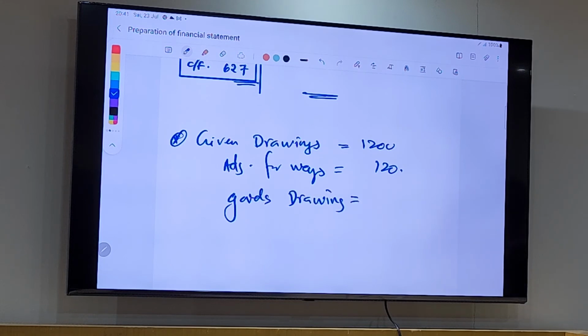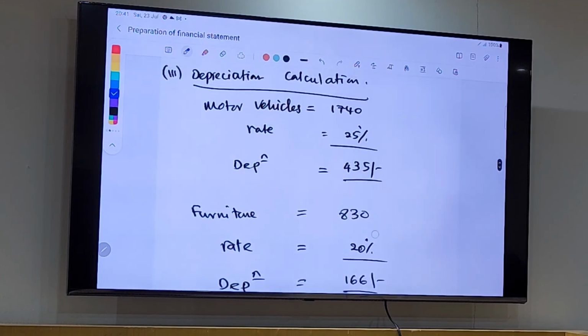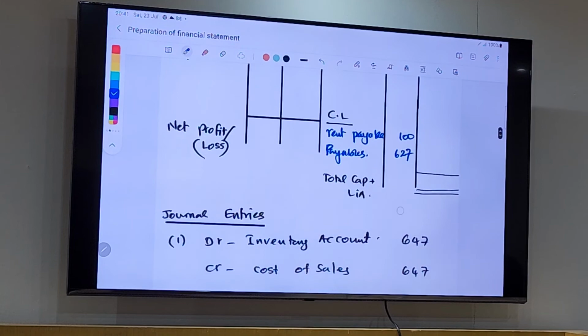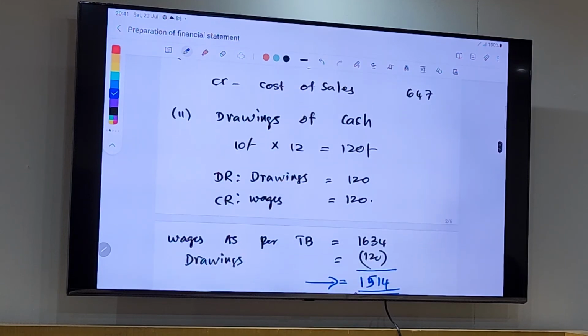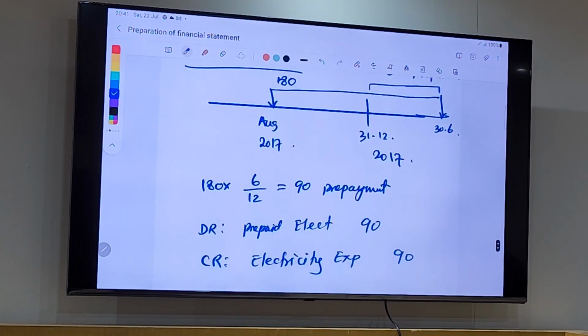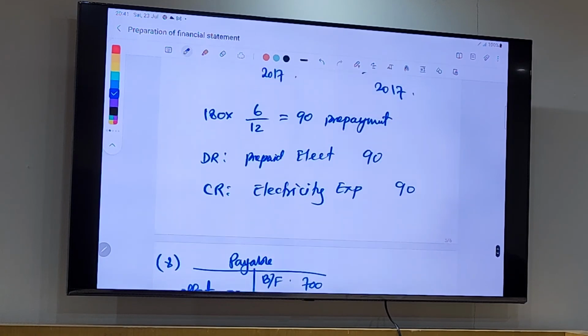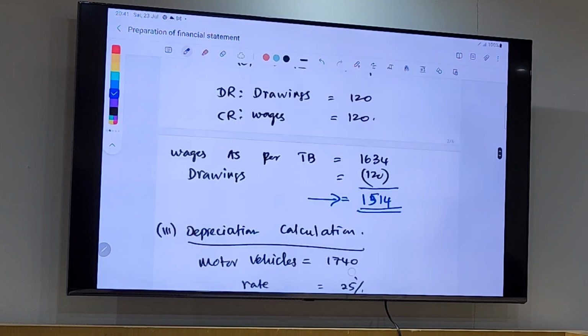The owner also took goods, number 63. So we have to take the total of all these. How much? 1,383. So that drawing will come here.